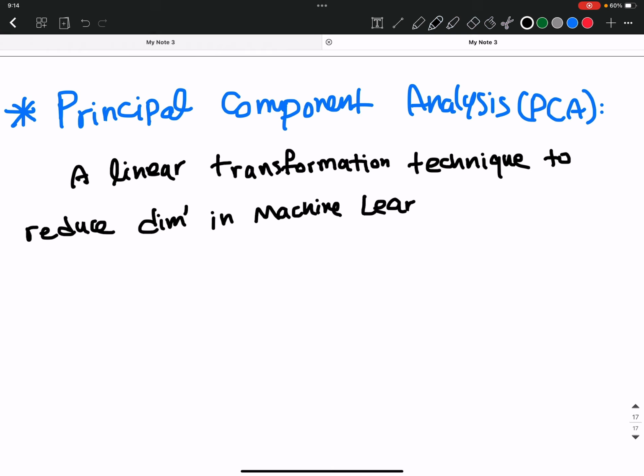So it's one of those machine learning methods that is used to reduce the dimensionality of the data, especially when you have huge data sets.